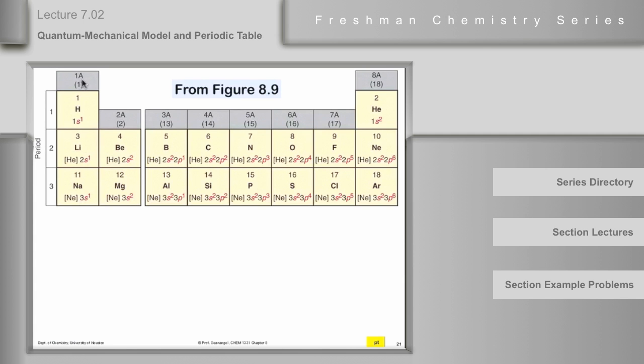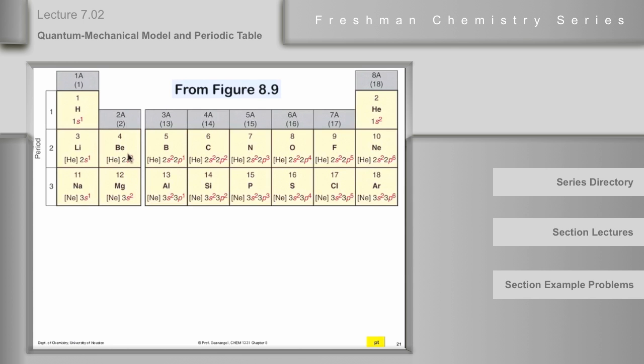And if we look at group 1A, we showed that hydrogen is an s1 configuration, lithium is an s1 configuration, and sodium is an s1 configuration. That means that each one of those elements, their atoms show one outer electron to the world. So it shouldn't be too surprising that they behave very similarly, because they're presenting the same face to the world.